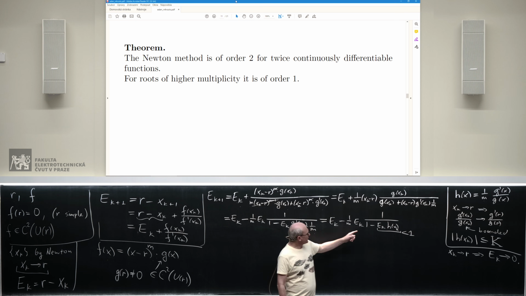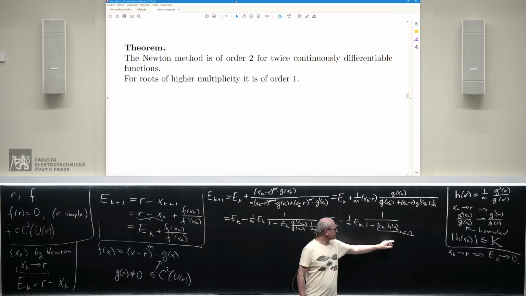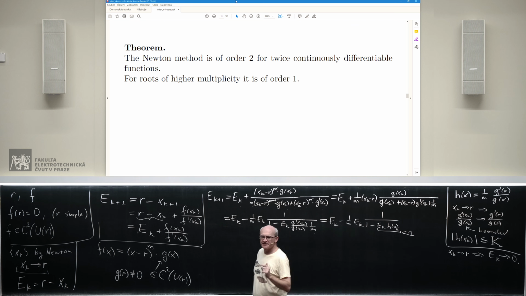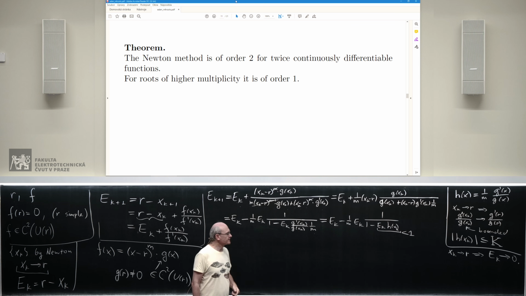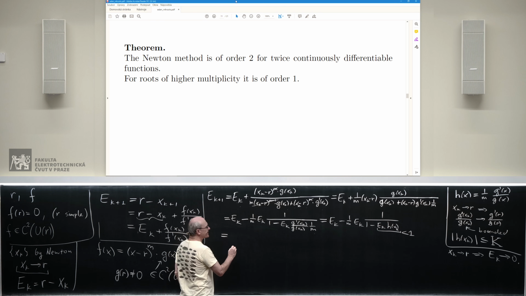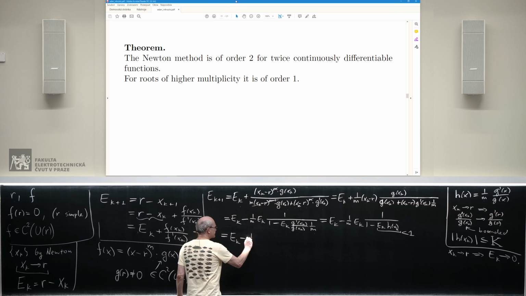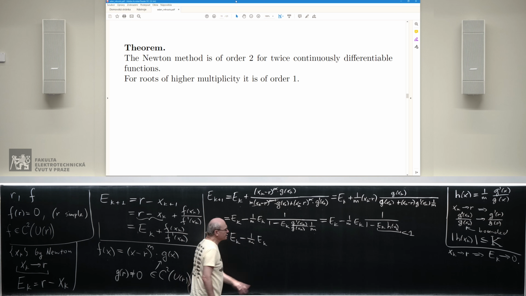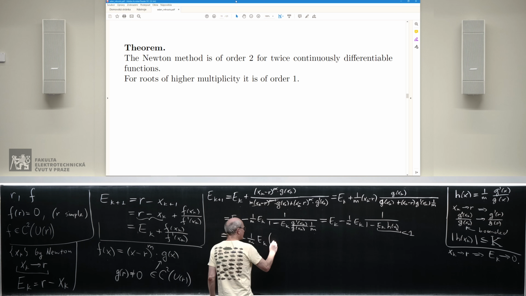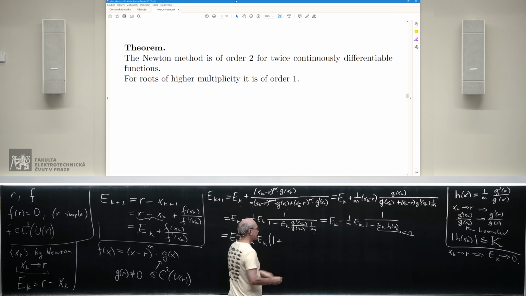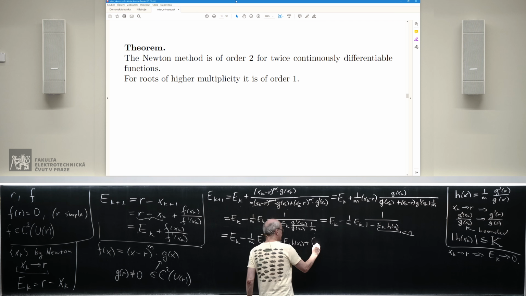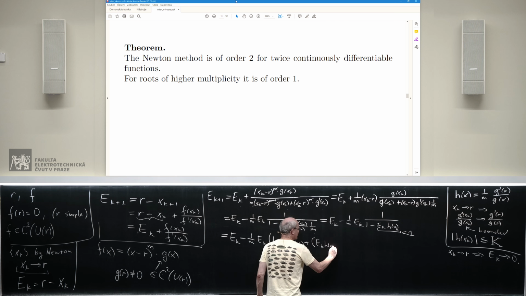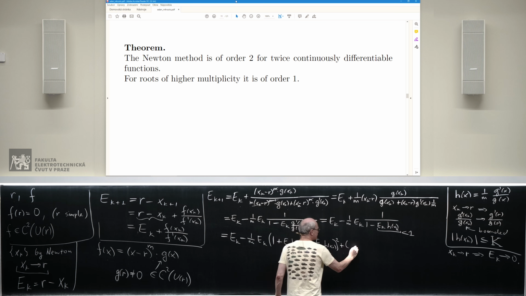Now, when I see a formula like 1 over 1 minus something which is small, I immediately think of a geometric series. That's actually the expression for the sum of a geometric series. So what I have is e_k minus 1 over m e_k, and now this ratio gets replaced by 1 plus this factor plus this factor squared plus this factor cubed plus, and so on.